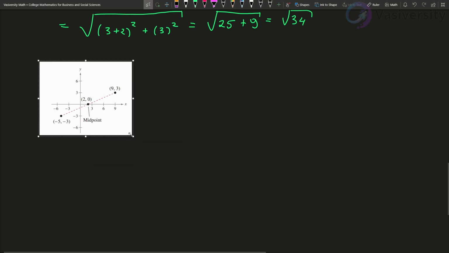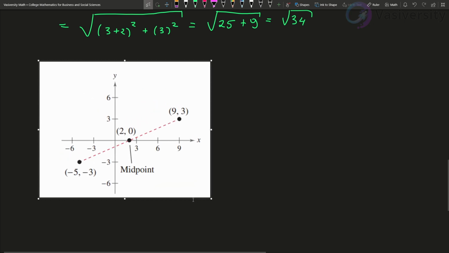So we have a point -5, -3 and a point 9, 3. We see the midpoint, but how can we find it? We can find it by using the midpoint formula.